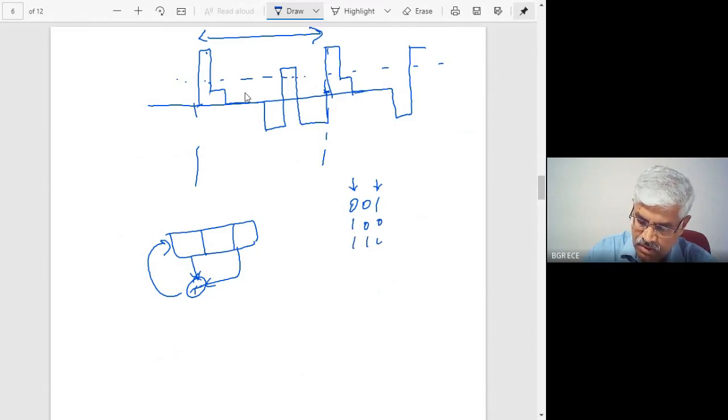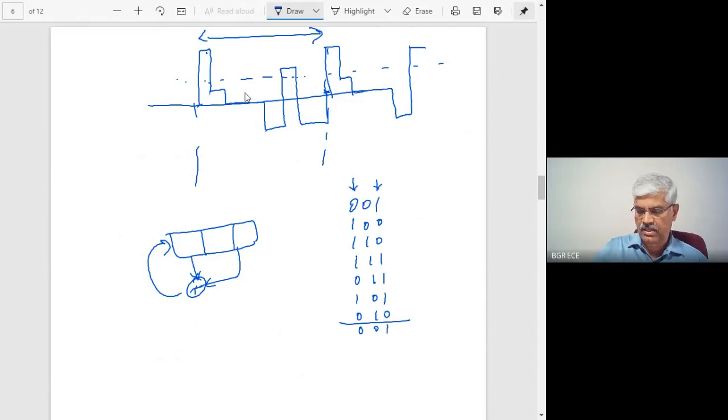Again 1, 1, 0, 1, 1, 1, 0, 1, 1, 1, 0, 1, 0, 1, 0, and then 0, 0, 1. So it repeats. This will give you another sequence. This output will be yet another sequence. Previously, you had one type of sequence. Now you have a sequence like this.